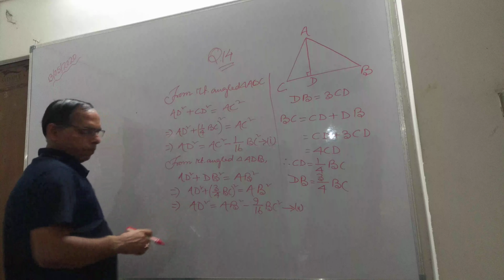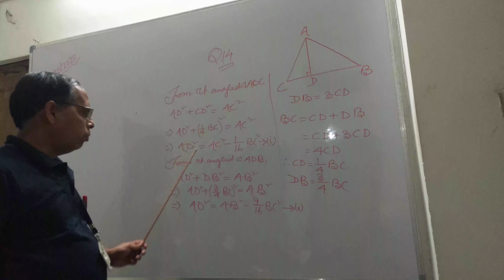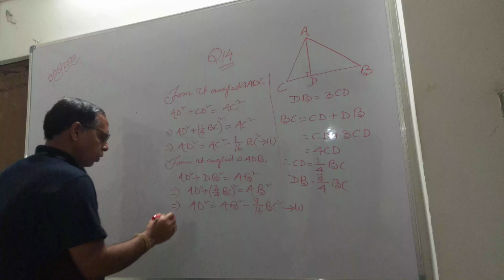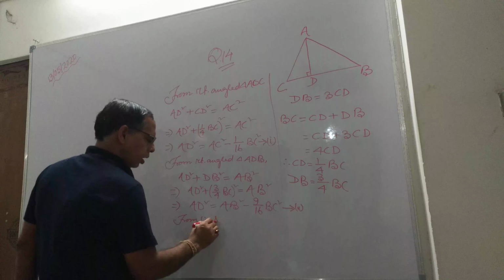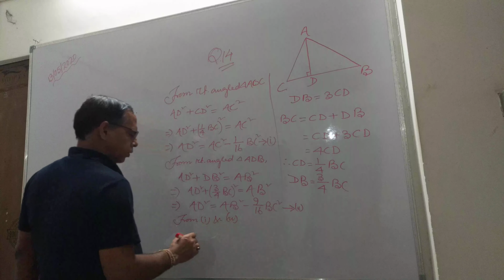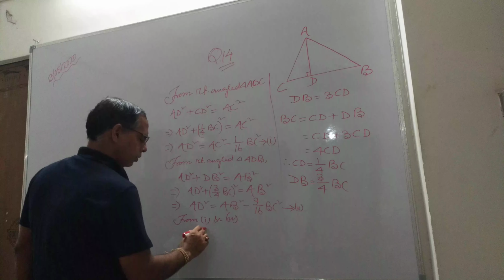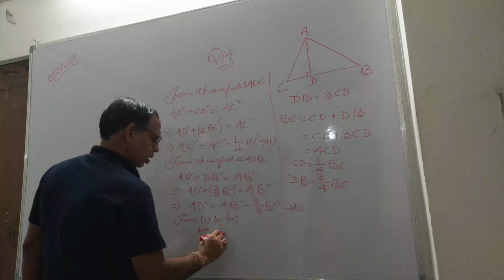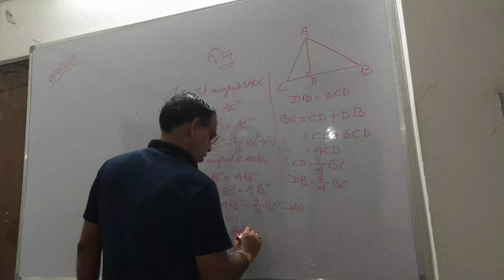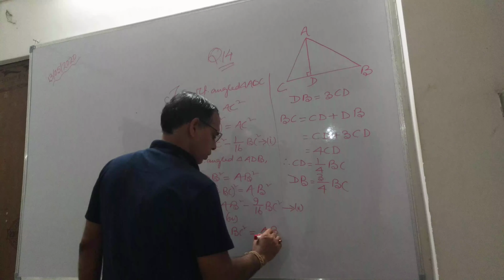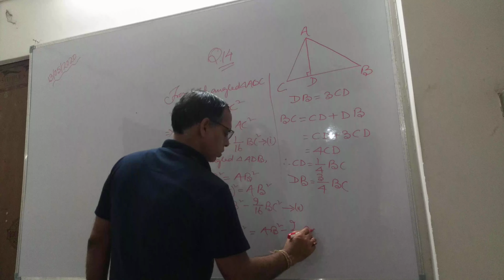Now see, one thing you can see, both have AD square. Then what will happen? From 1 and 2, AC square minus 1 by 16 BC square equal to AB square minus 9 by 16 BC square.